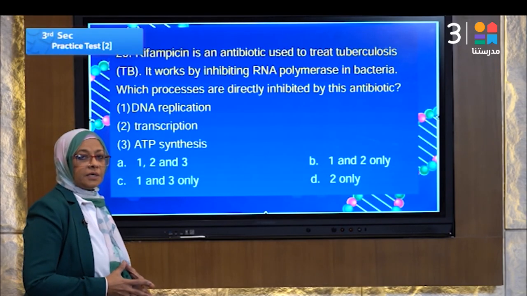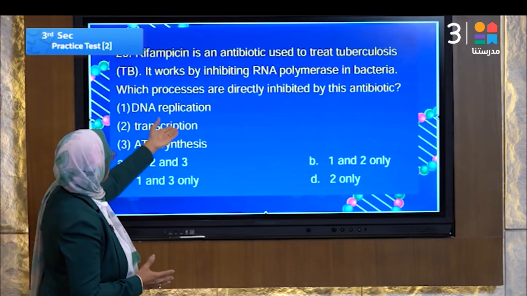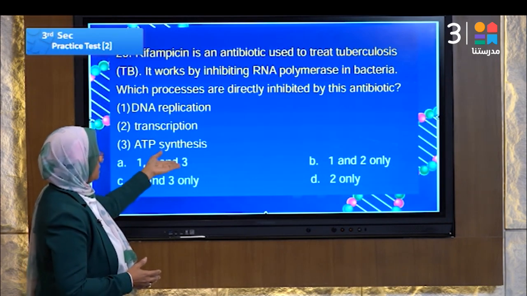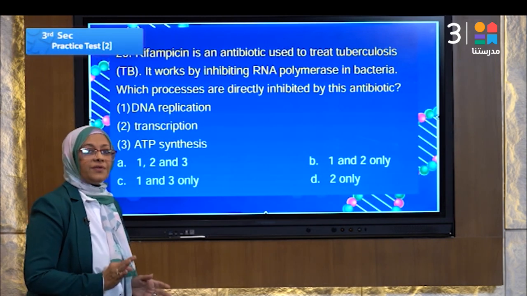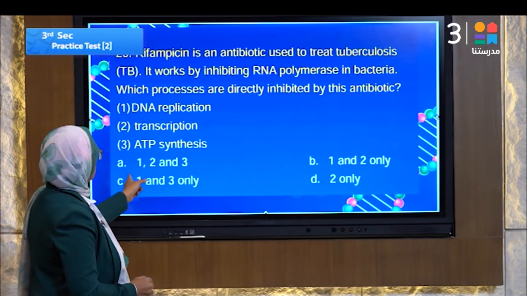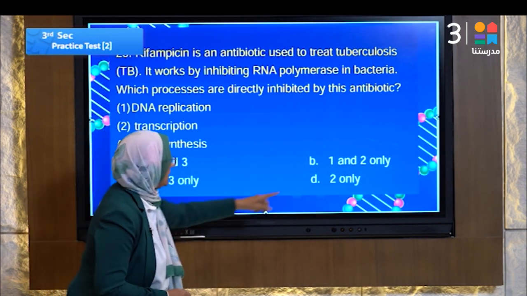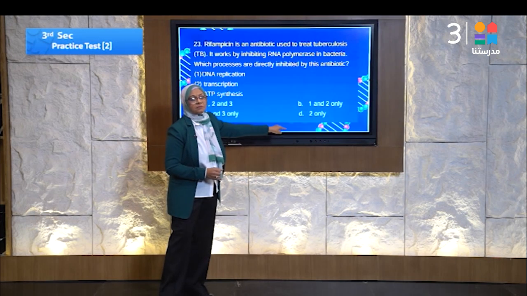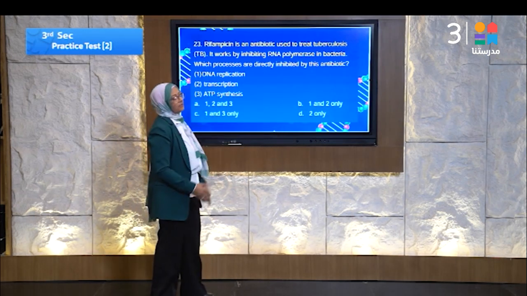There are three processes. 1, DNA replication. 2, transcription. 3, ATP synthesis. Yes, I must choose from these processes. The choices: 1, 2, and 3; 1 and 2 only; 1 and 3 only; 2 only. I think there is no ATP synthesis.